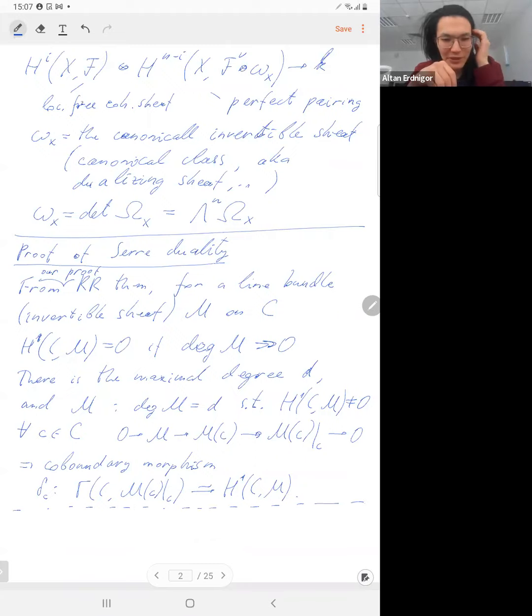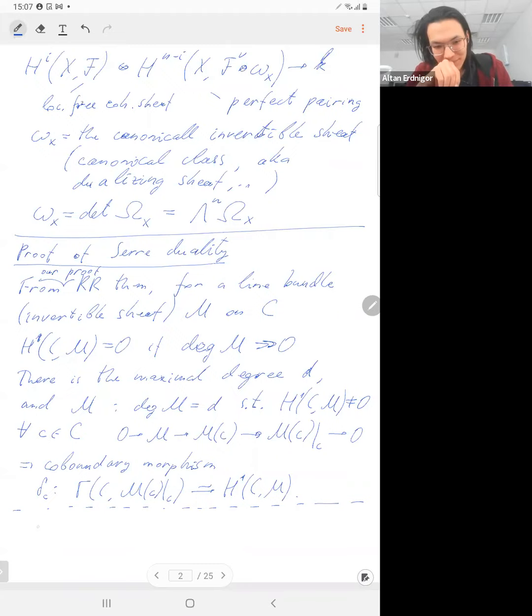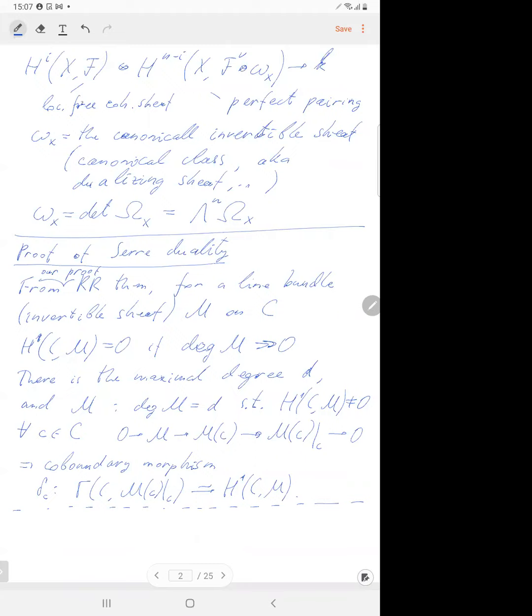Again, can you please explain why it is injective? Why is it injective? Yeah. Otherwise, we will have, well, let's write this sequence: 0 to the global sections of M, to the global sections of M twisted, to the global sections of this skyscraper.